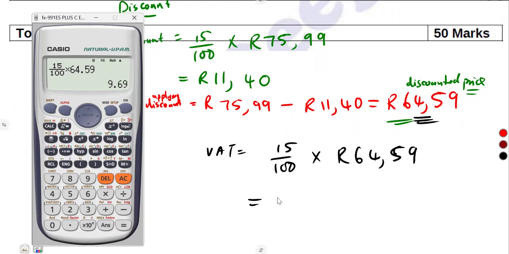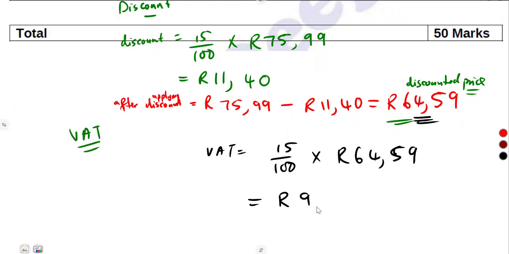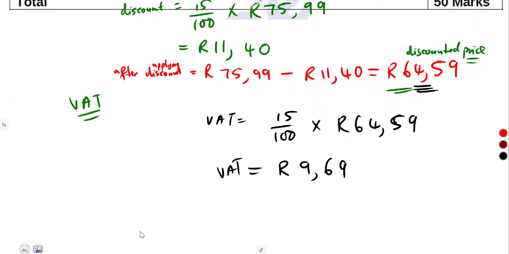So this is our value added tax, 9.69. So what is the final price if we have got a value added tax of 9.69? The final price, remember, this VAT is added. You must add it.